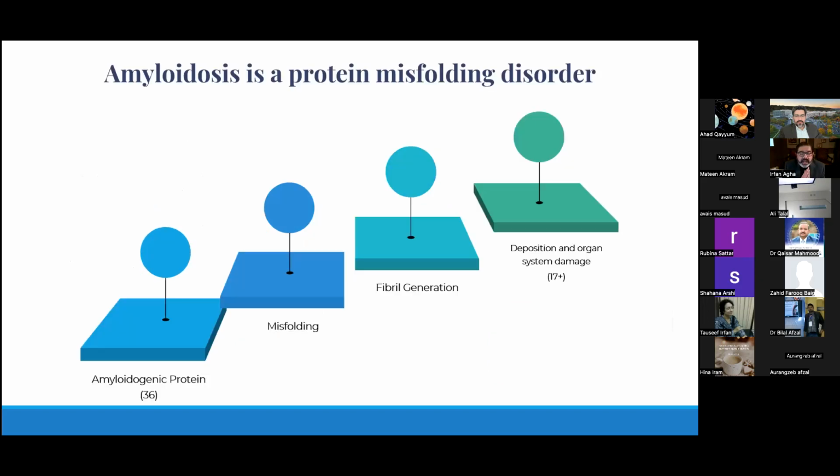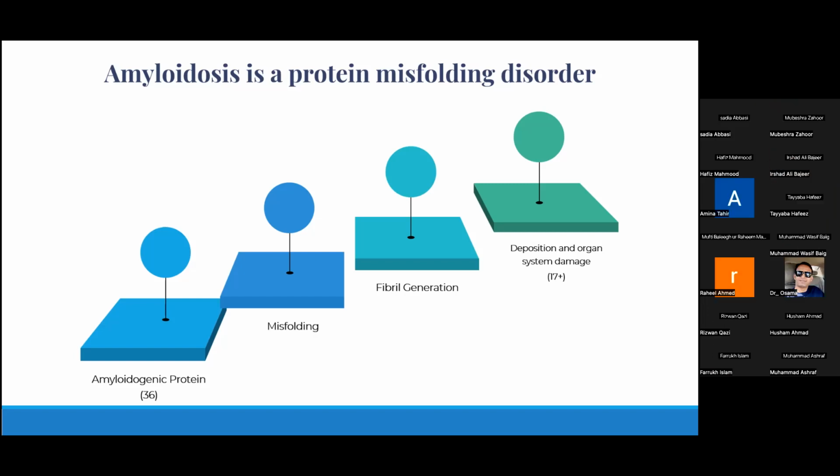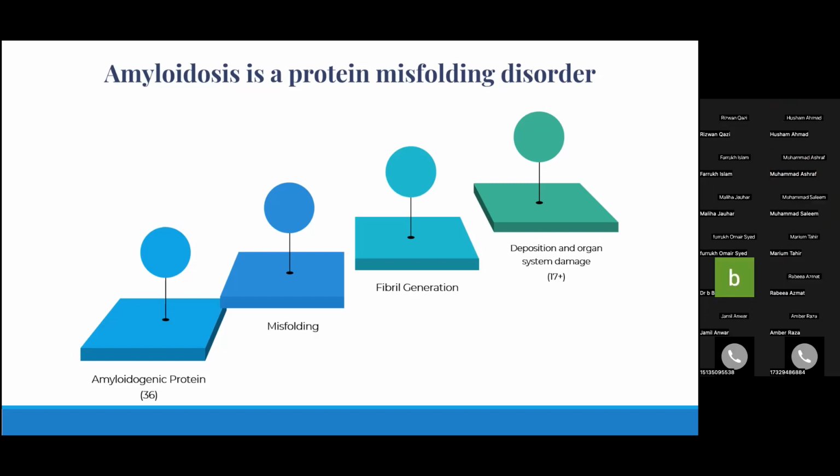And this generation of fibrils is nothing more than a protein misfolding disorder. So there's an amyloidogenic protein, predisposed to misfold in a certain way due to some reason, and we'll go over some of that. Once it misfolds, there are processes, and we'll look at that in a minute, which lead to generation of the fibril.